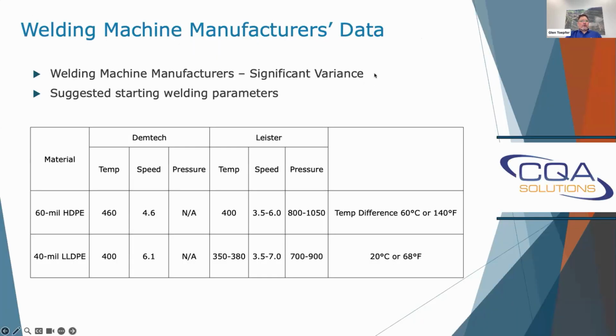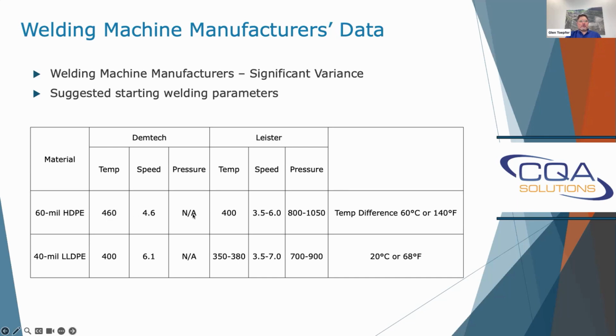So I did a quick summary looking just to see what the differences were between the two welding machine manufacturers that we found. And in looking at the 1.5 millimeter 60 mil HDPE and 1 millimeter 40 mil LLDPE, you can see Demtech had a temperature and speed.